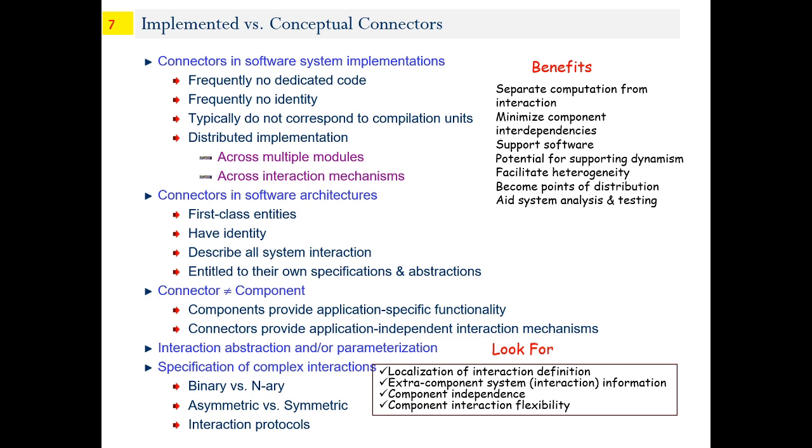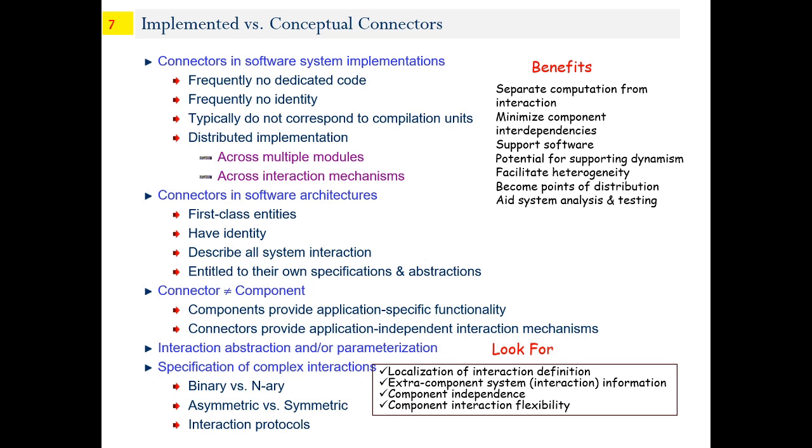So the associations could be binary, that is 1 to 2, or n-ary, that is 1 to 1, 1 to many, many to many. Many to 1 is a discarded kind of relationship, because duplication is not allowed, because association is bidirectional by default. Then asymmetric versus symmetric kinds of structure and interaction protocols.